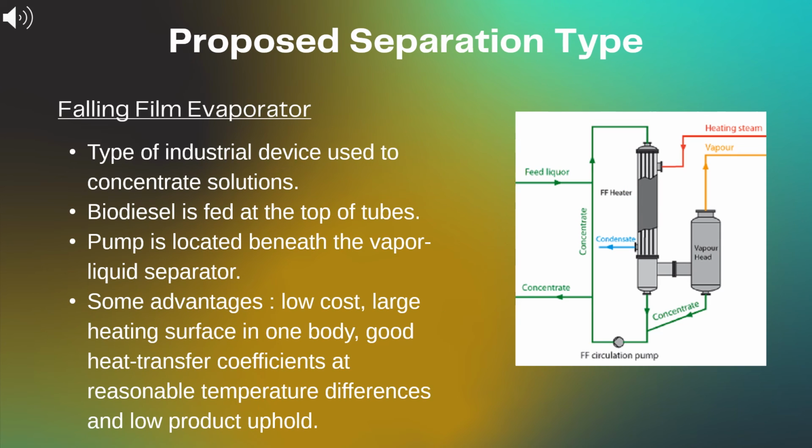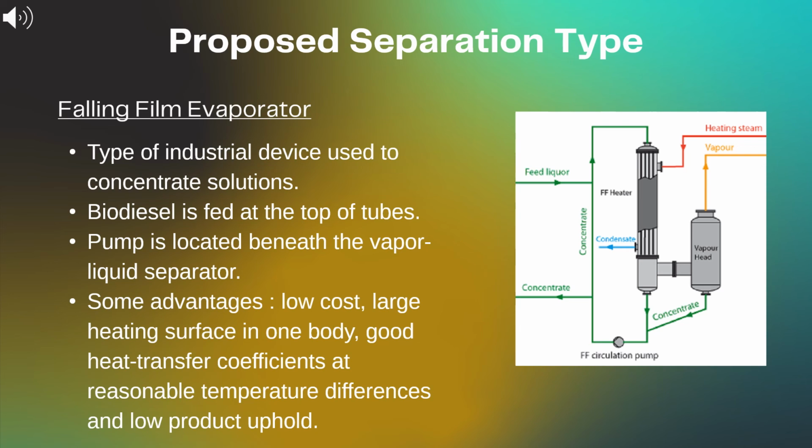Moving on, the proposed separation type would be the falling film evaporator. The usage of a falling film evaporator as a high concentrator with very low boiling pressure enables a final concentration of up to 99.8% to be achieved. A falling film evaporator is a type of industrial device used to concentrate solutions, particularly those containing heat-sensitive components. The liquid is fed at the top of the tubes in a vertical tube bundle.